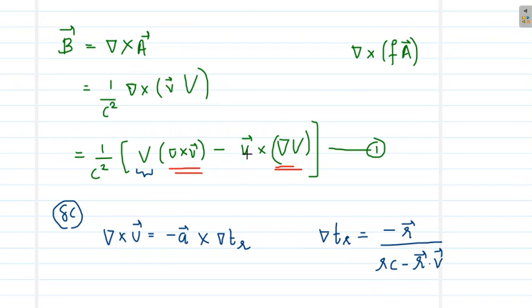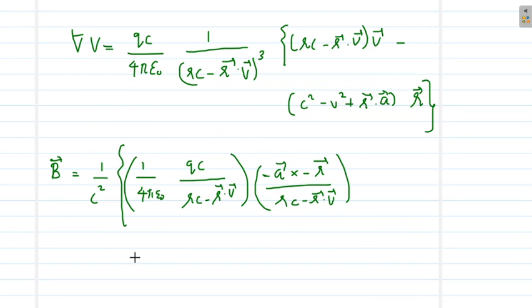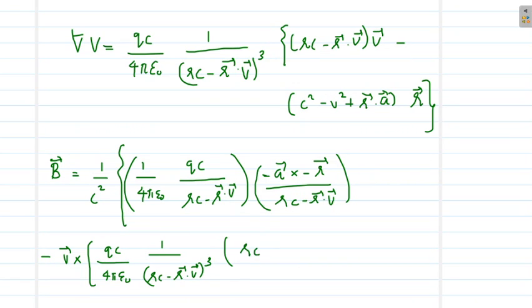Now in the second term we have V bar cross del V. So we can write minus V bar cross the equation of del V, which is QC divided by 4 pi epsilon 0 into 1 by RC minus R bar dot V bar the whole cube into RC minus R bar dot V bar into V bar minus C square minus V square plus R bar dot A bar into R bar.